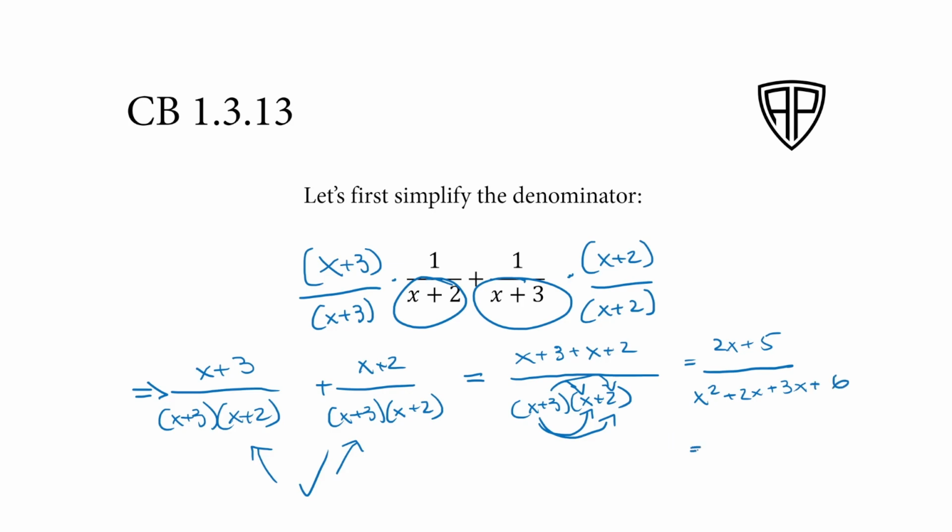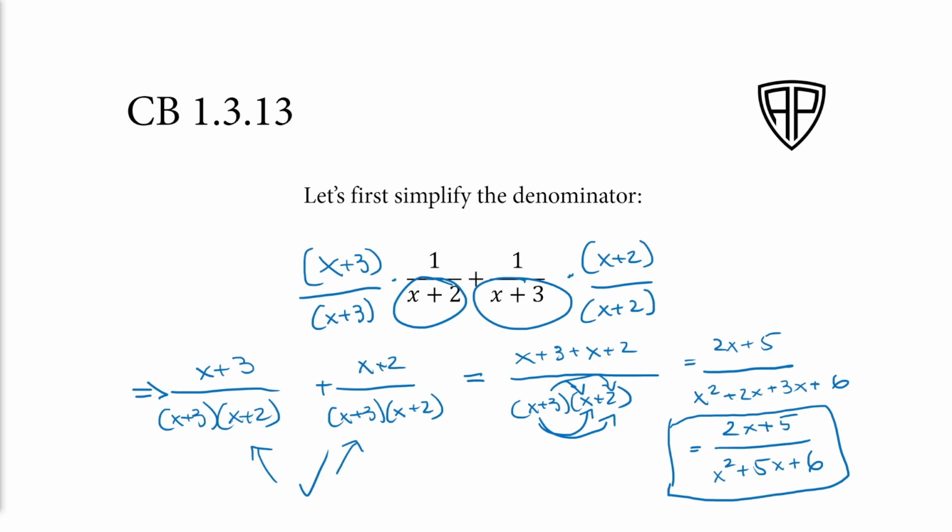Simplifying the denominator a little bit, I get 2x plus 5 over x squared plus 5x plus 6. So this is the result for the denominator from my original question. Now I'm going to go back to the original question, plugging this in for my denominator.